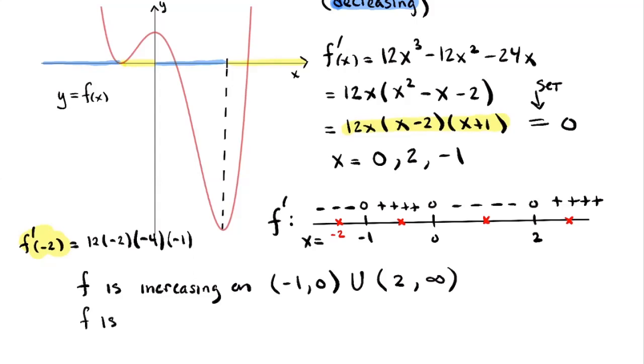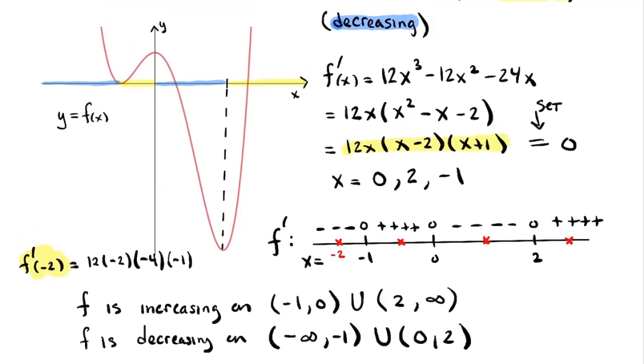F is decreasing on what intervals? Well, all the way from -infinity to -1, together with 0 to 2. So those are intervals, not points in the plane, intervals, all right? So if I squeeze this down just a little bit so we can see all this, now we've analyzed this function nicely.